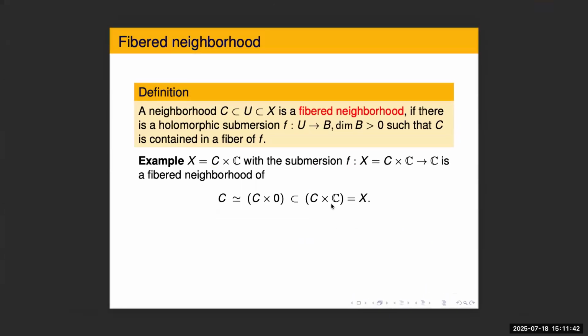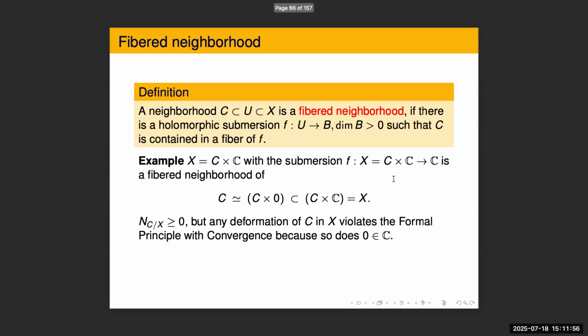An example is that if you just take the product of the curve with C, then certainly the whole manifold X is a fibered neighborhood. In this case, the formal principle with convergence does not hold, although the normal bundle is semi-positive.